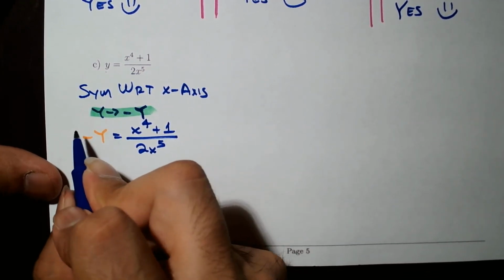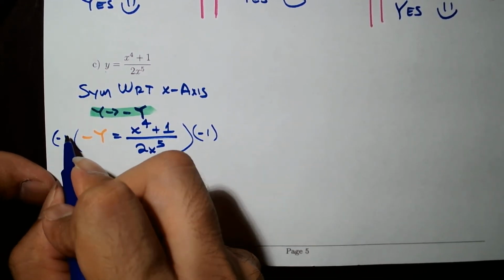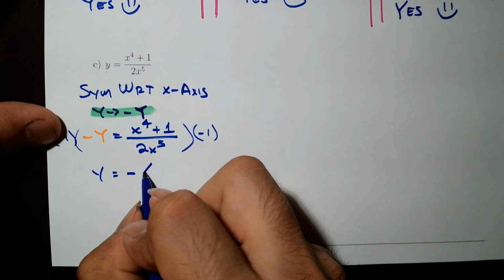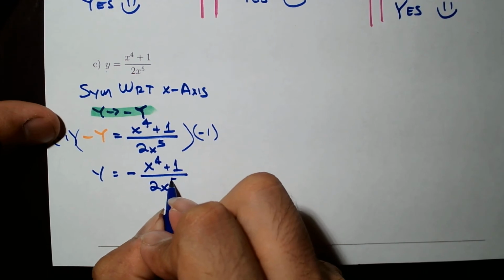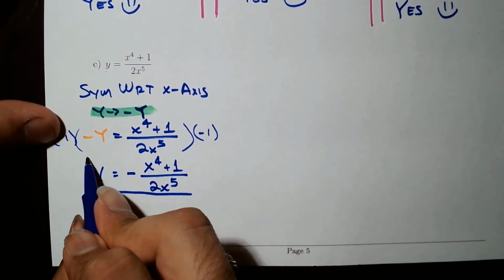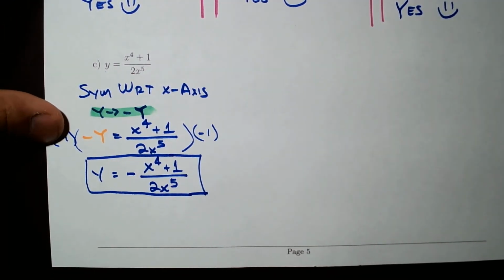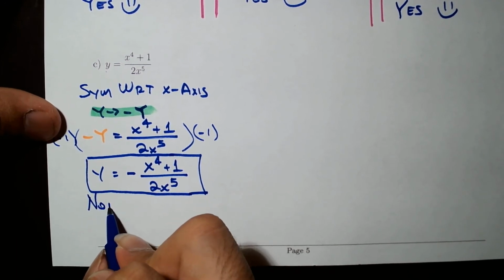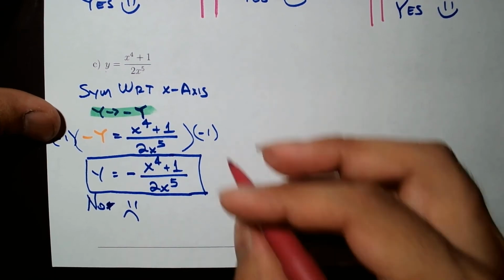Now I'm going to isolate the y by multiplying both sides by -1. So that's going to be y equals the negative. I'm just going to put it in the very front. Now let me box this equation here. Compare with the original one. Is it exactly the same as the original one? In this case, it is not. So it is not symmetric about the x-axis.